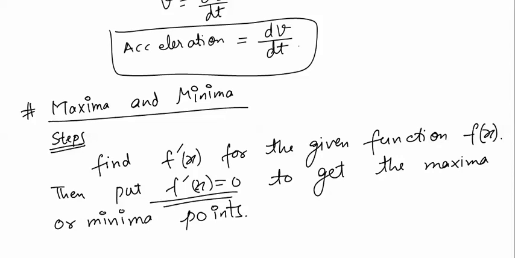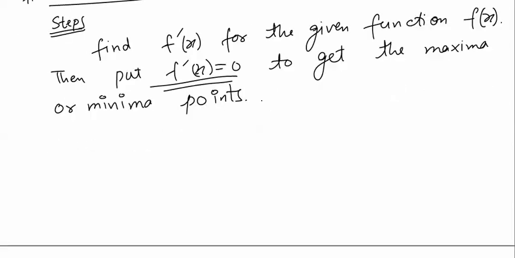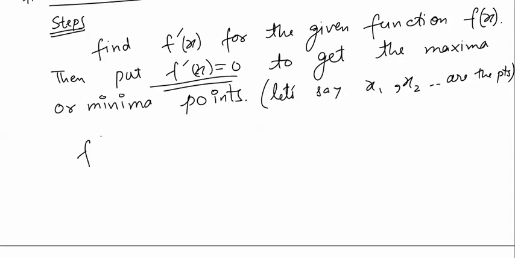right? Once you get maxima minima points, let's say x1, x2 are the points. Now how will you say that it is a maxima or a minima, right? That you have to find is very correct. Double derivative. We already know this. Find out f double dash of x, right?